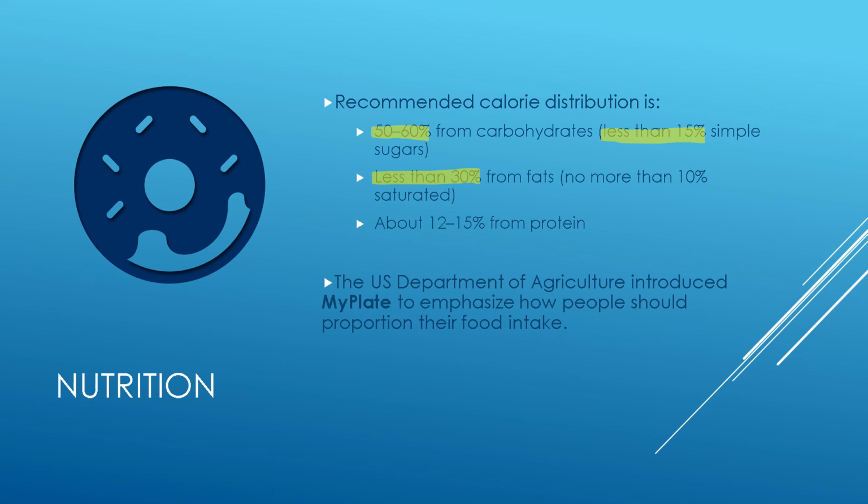Triglycerides are going to be that main type of dietary fat, with no more than 10% coming from saturated fats, and then about 12 to 15% from proteins.